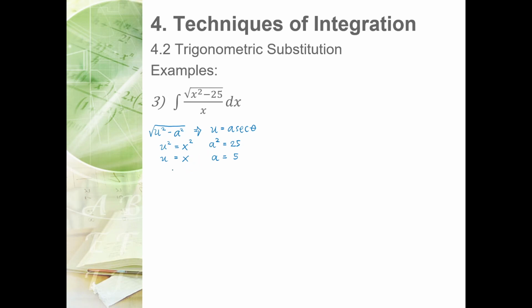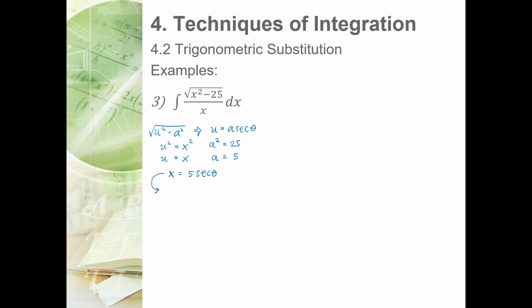So getting the values for your u and a and applying it in the formula, you have x is equal to 5 secant theta. So again, after identifying the formula, we get the derivative.